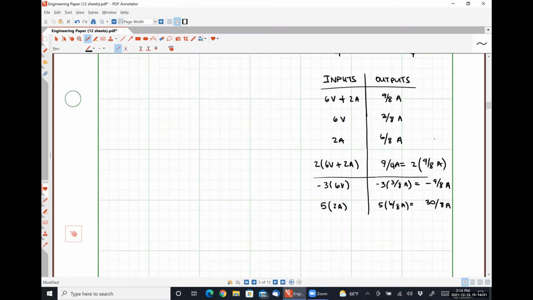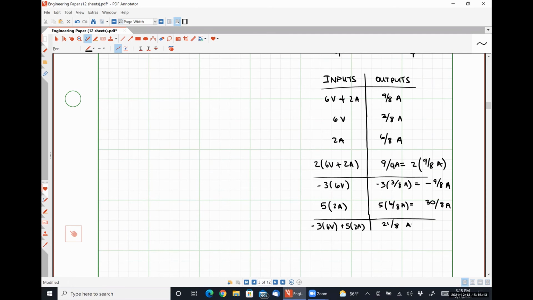So what I expect to happen is that when I apply a scaling factor of -3 to my voltage and a scaling factor of positive 5 to my current, my output should just be the sum of those two numbers, which is positive 21 over 8, right? If this system is linear, that is what the answer for Ix will be. So let's see whether or not that's true.